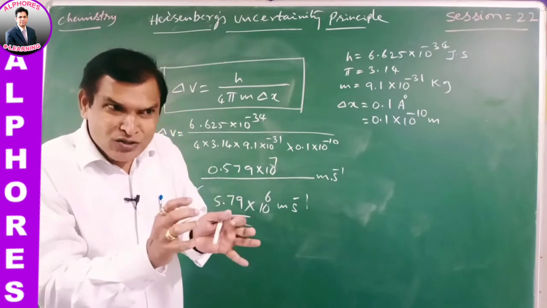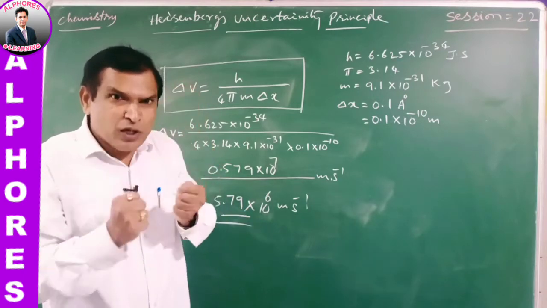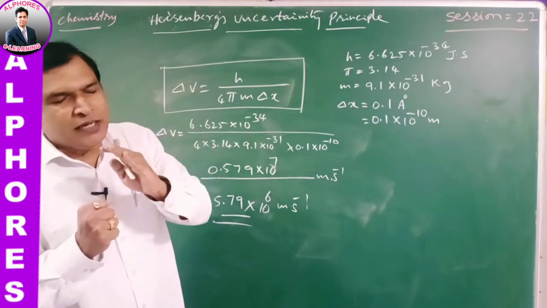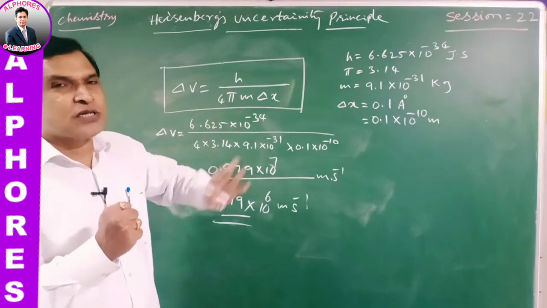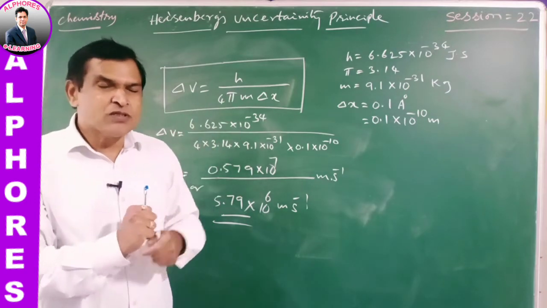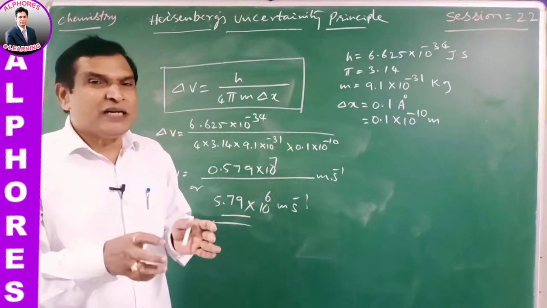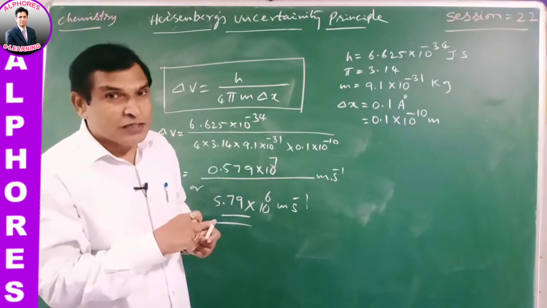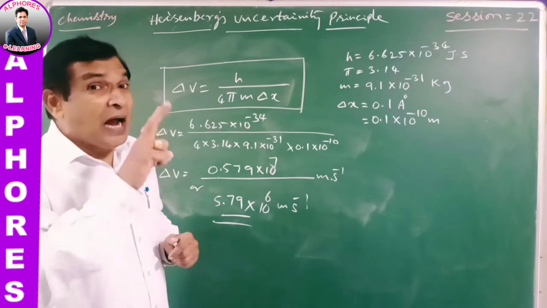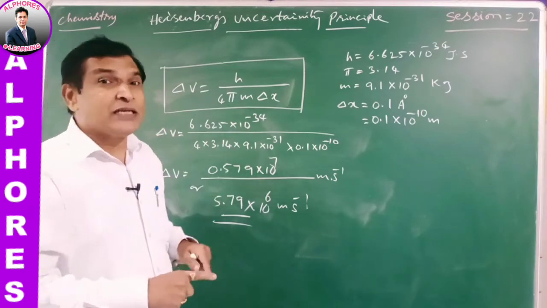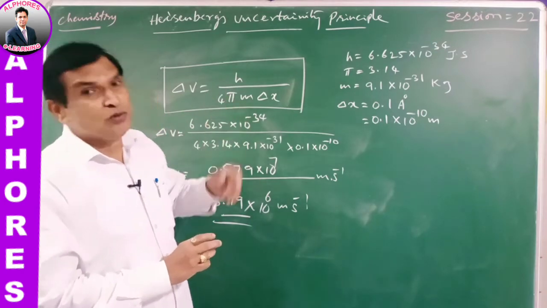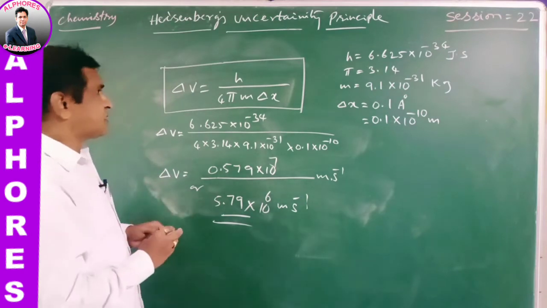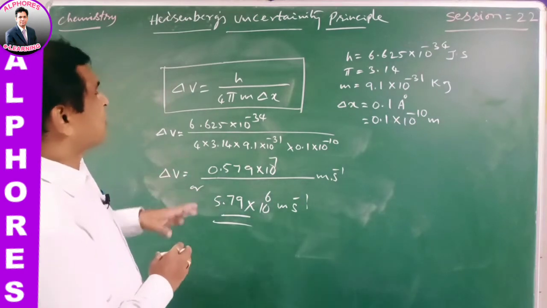So that electron, by absorbing photon energy, can change its position instantaneously. It changes its position depending upon the photon absorbed. So that is why the change in position and change in velocity simultaneously cannot be determined according to Heisenberg. Yes, that is the concept of the problem.